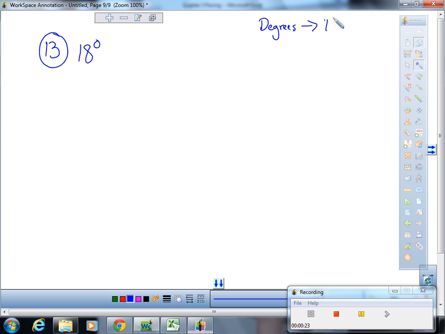And remember, our assessments are open notes, so have it organized so that you can rely on this on Wednesday. You take your degrees, you multiply by pi, and you divide by 180. So, for this, we're going to multiply by pi over 180.